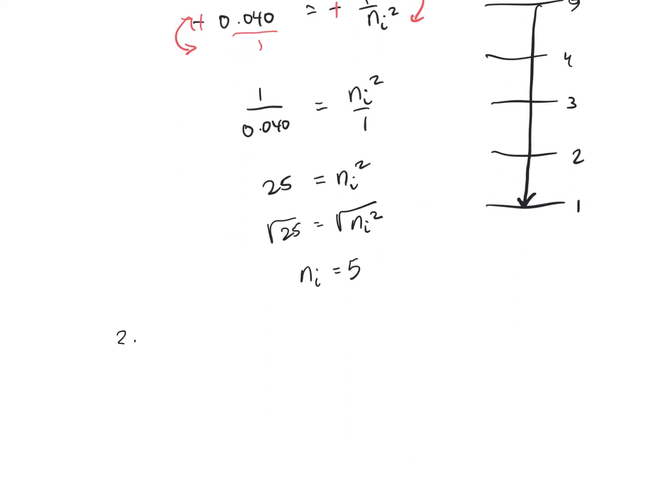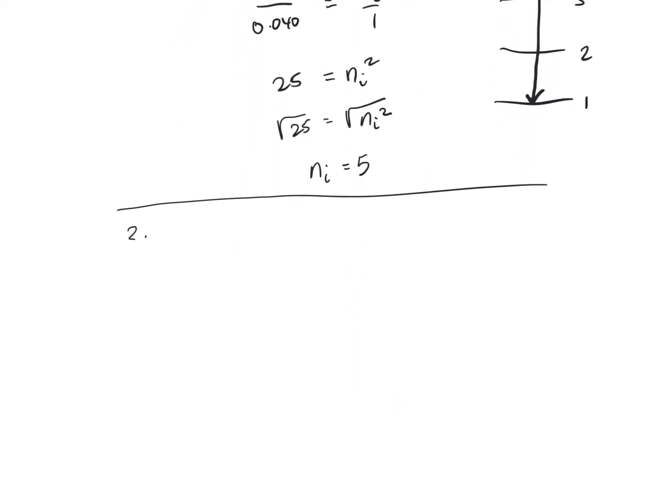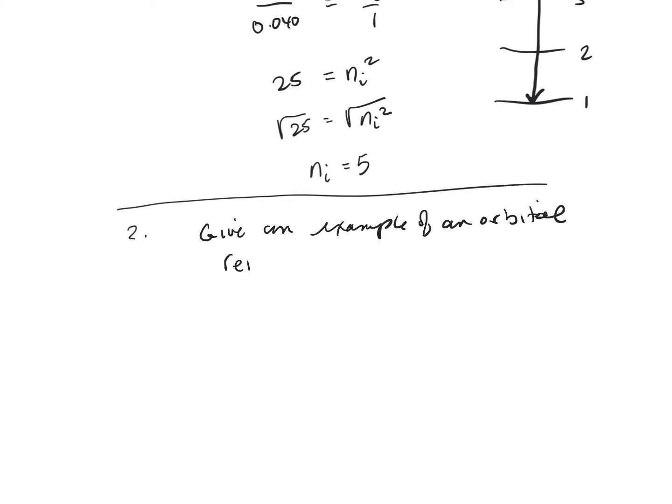problem here is on the quantum numbers. And it says, give an example of an orbital represented by n equals 3, L is equal to 2, M subscript L is equal to 2, and M subscript S is equal to 1/2.